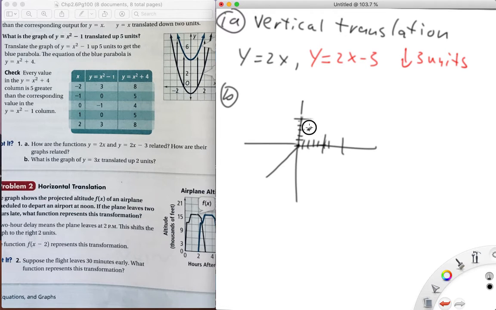And if we label our graph, this is y equals 3x.